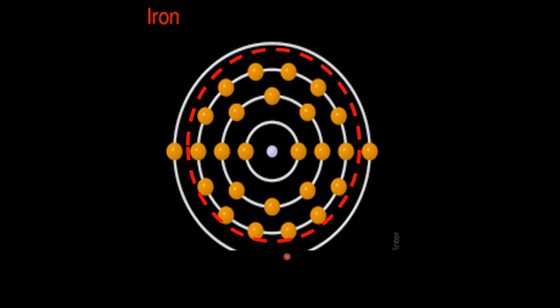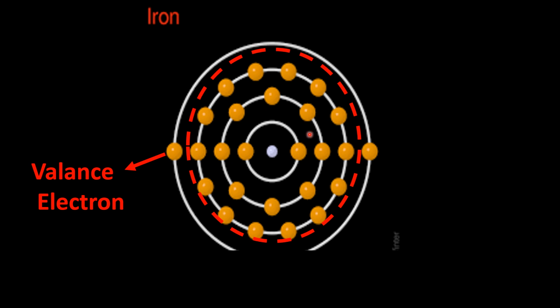Here, the first, second and third shell electrons are called core electrons. These are the complete shells, and electrons in these shells are called core electrons, while the electrons in the outermost shell are called valence electrons.